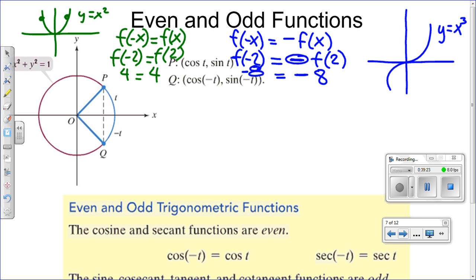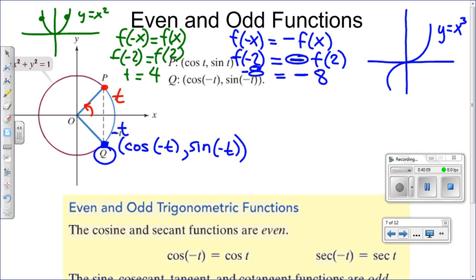So for example, let's look at the circle, and let's look at those 2 points, P and Q, right here. We already know that the x coordinate will give us the cosine. In this case, the angle is negative t. And the y coordinate of this point is going to give us the sine. Now, if we look at this point up here, point P, same thing, but in this case, the angle is positive t.